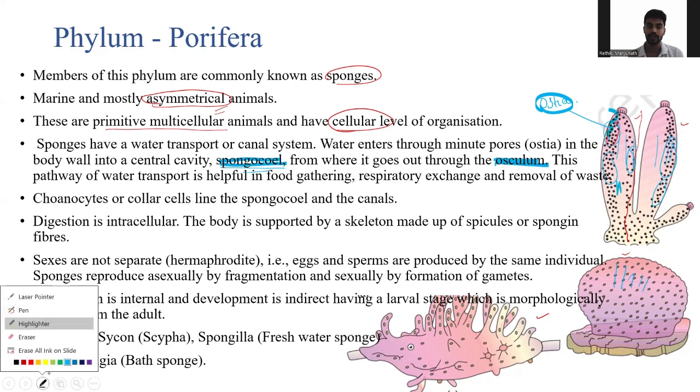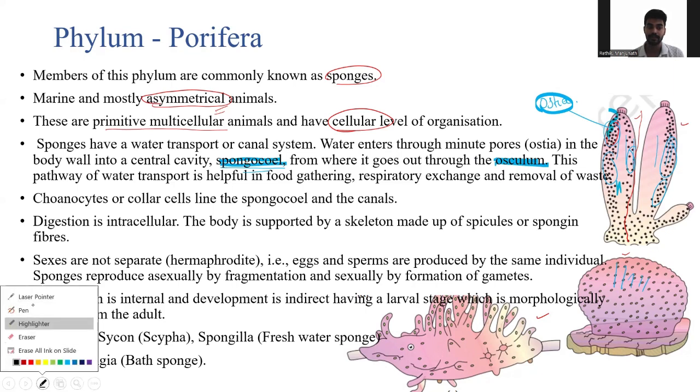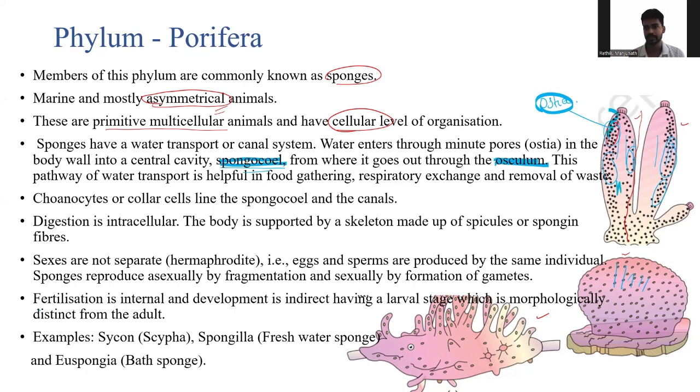Water is being transported, and in the water itself you have waste as well as some of the required nutrients. So the sponge absorbs only the nutrients, and whatever waste is there is removed. Second, it helps in the intake and exchange of gases, so it helps in respiration and removal of waste too.